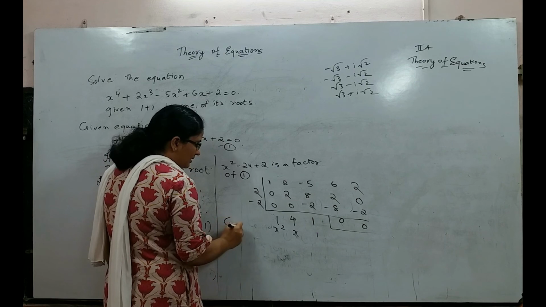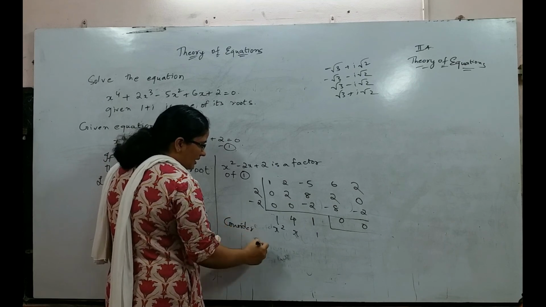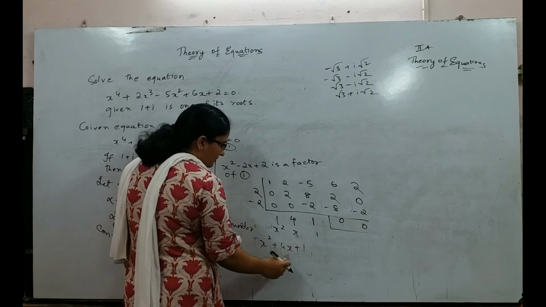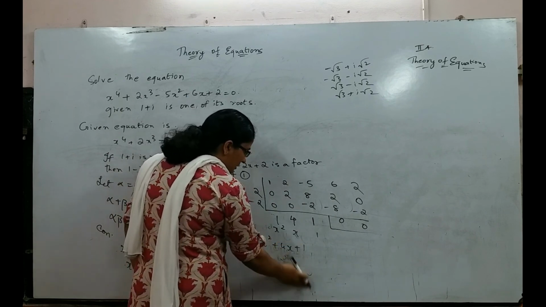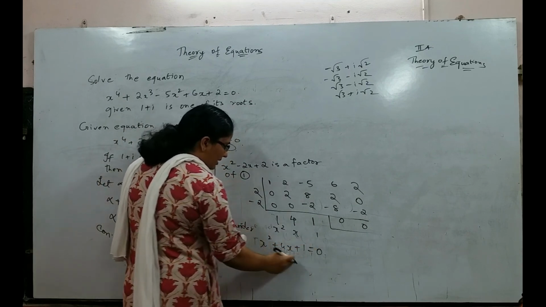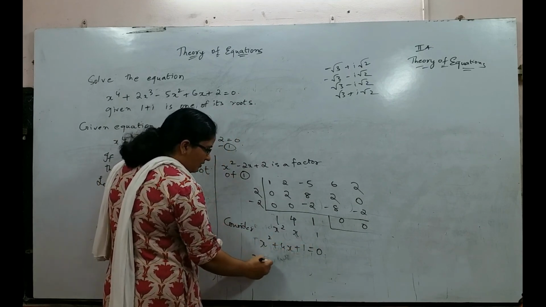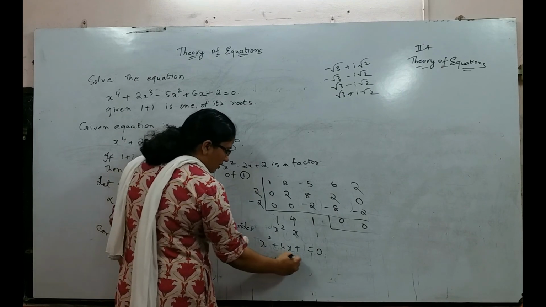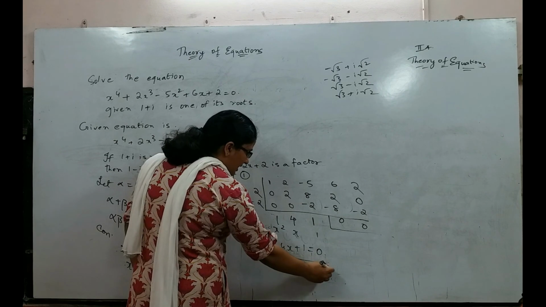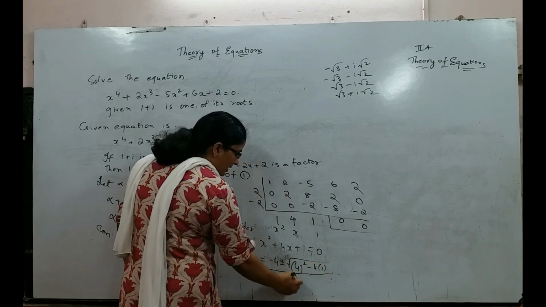So consider x square plus 4x plus 1 is equal to 0. So here what will be x? x is equal to minus 4 plus or minus under root of 4 square minus 4 into a into c by 2 into 1.